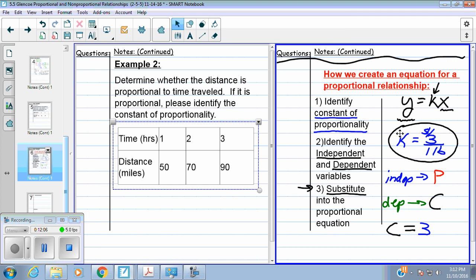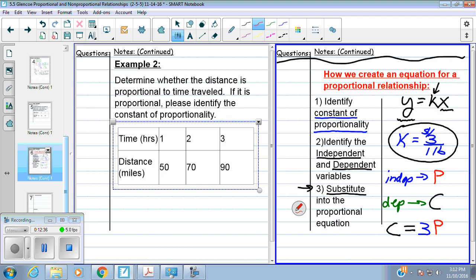And instead of writing an x, we're going to use the independent variable pounds we created, P. And there's our equation, C equals 3P. Our table only went up to 4 pounds, but we can now know how much it would cost if we chose to buy 20 pounds of coffee. All we would do is substitute a 20 in for the P. 3 times 20 is 60, so we would have to pay $60 for this amount of coffee.